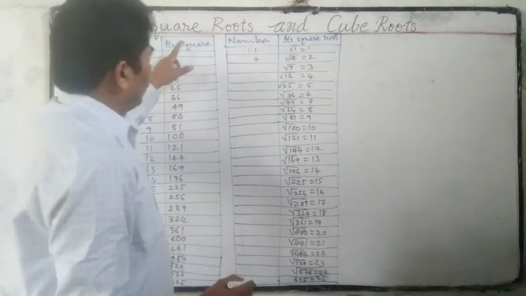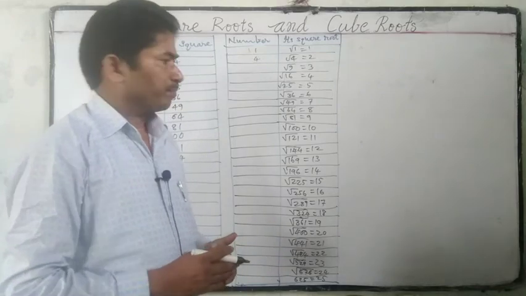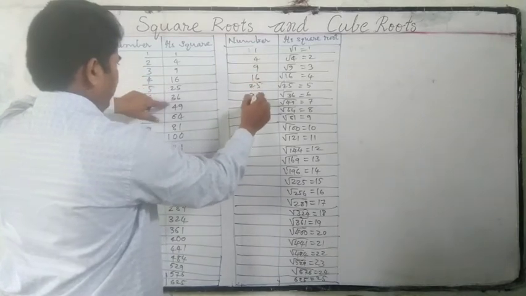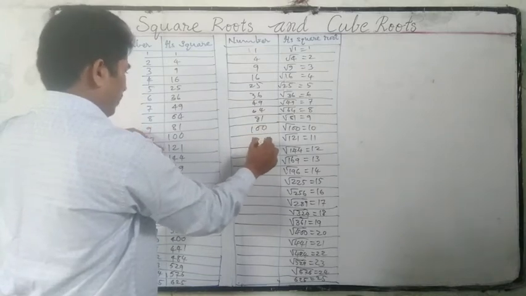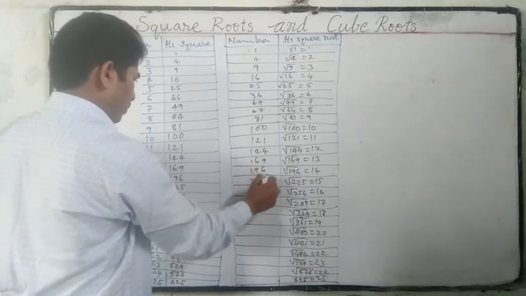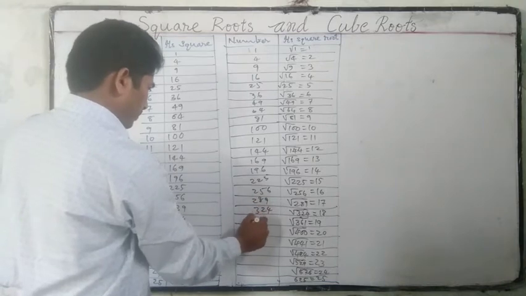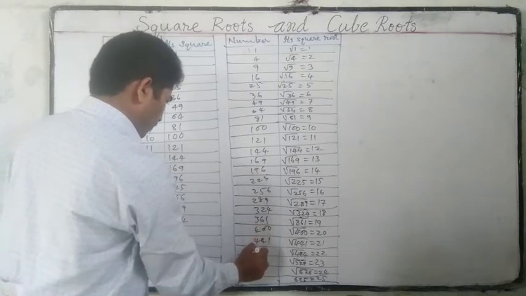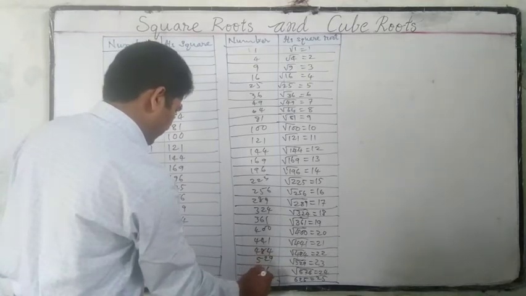So these squares and square roots are inverse operations. 9, 16, 25, 36, 49, 64, 81, 100, 121, 144, 169, 196, 225, 256, 289, 324, 361, 400, 441, 484, 529, 576, 625.